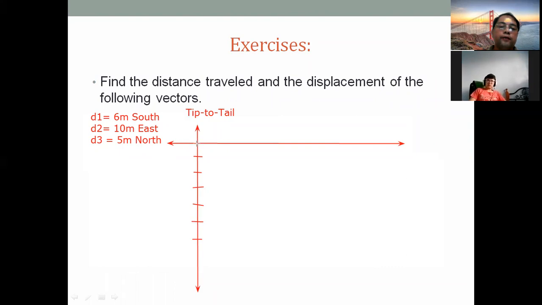This is our first value, D1, going south. And then we go east, 10 segments. So 10 segments east.